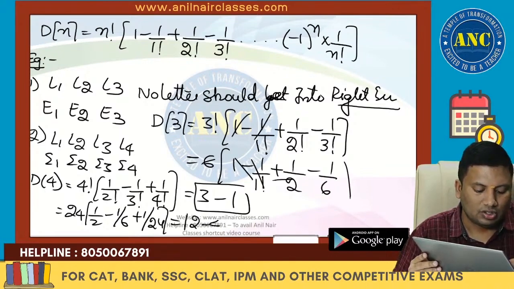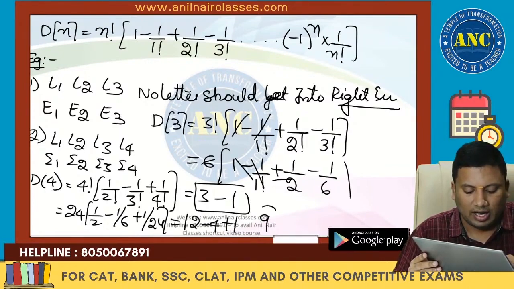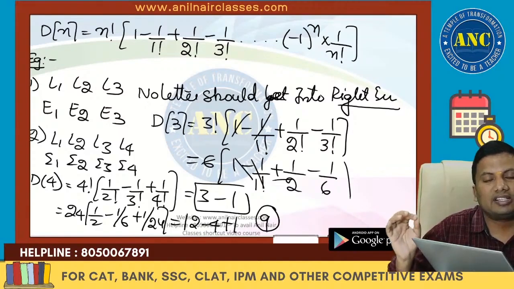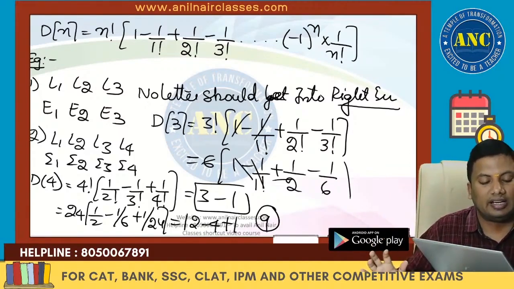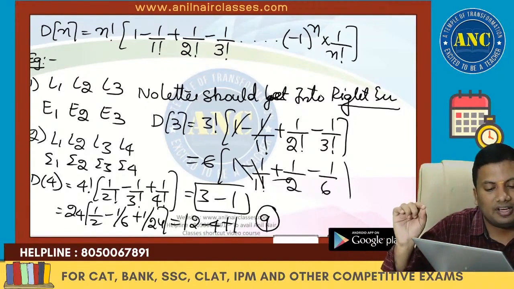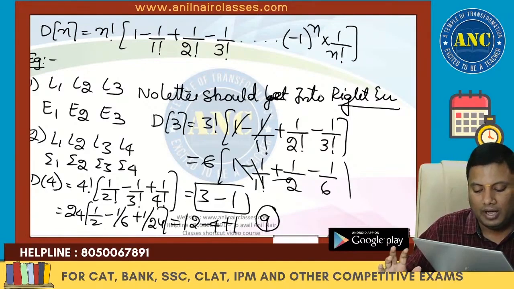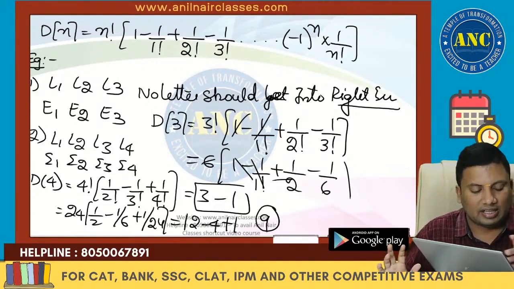So it is 12 minus 4 plus 1. Answer is 9. There are 9 ways where 4 letters cannot get into the 4 right envelopes. The number of ways in which 3 letters do not get into their respective envelope, D of 3 value, is 2.